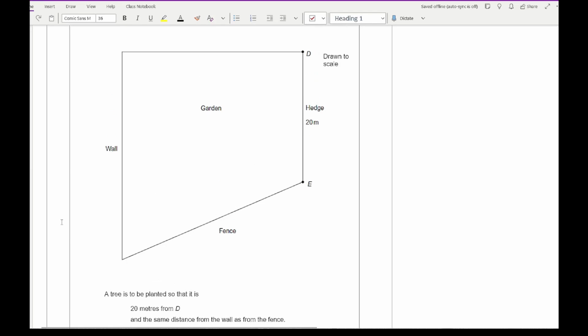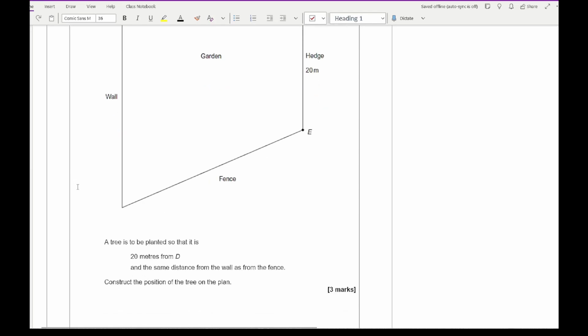So for this, what we need to do is if we take these two bits of instruction that we've got, so let me just highlight this bit here first. What we need to do is draw a circle from D with a radius of DE.